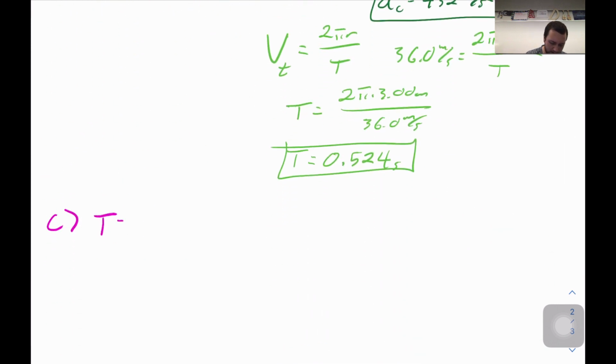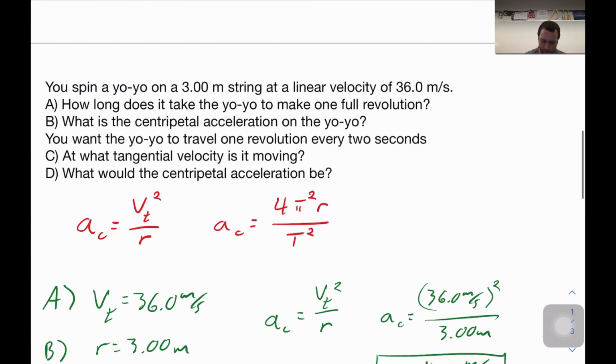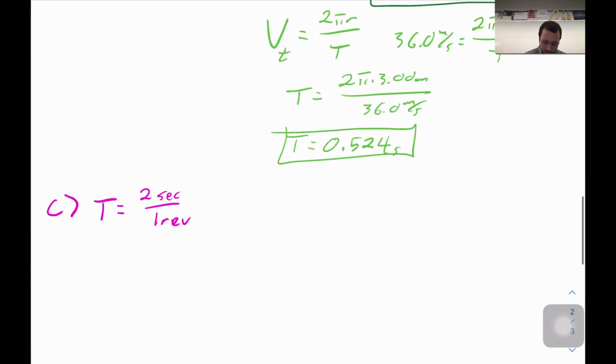Our period, because this is time per revolution, is 2 seconds to complete one revolution. As we see here, one revolution every 2 seconds. So our period is 2 seconds. We still have our radius of 3 meters.